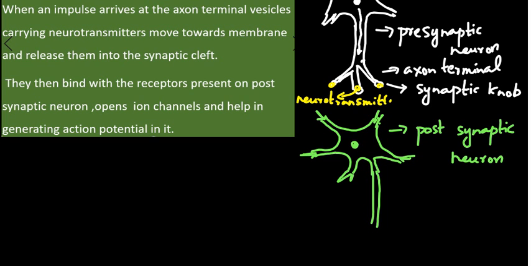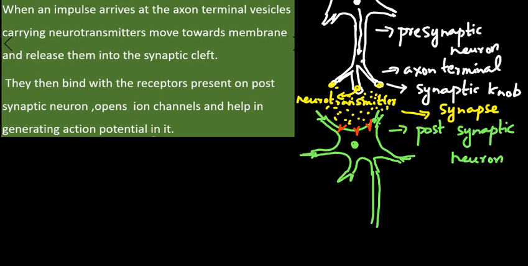And this synapse area has a gap. So neurotransmitters will be released into the gap between the presynaptic neuron and the postsynaptic neuron. They will be received by the receptors that are present on the membrane of the postsynaptic neuron.